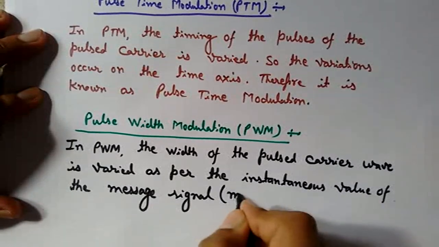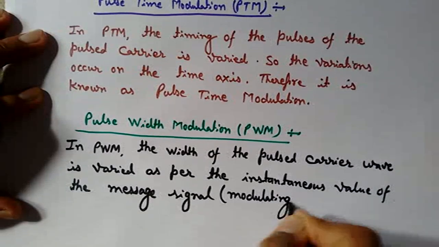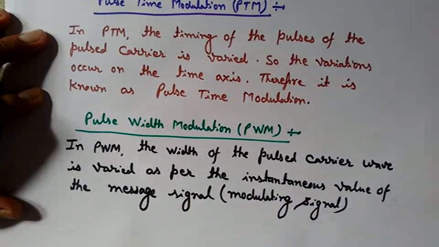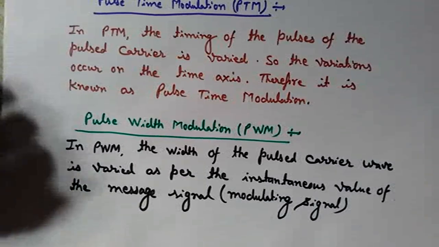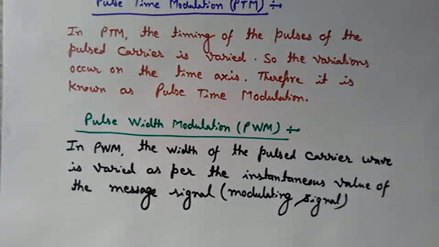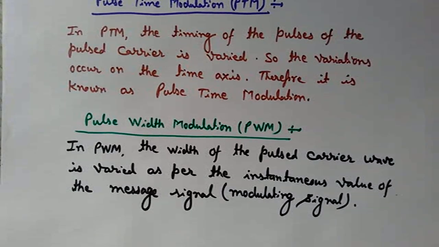This message signal is also known as modulating signal. So this modulating signal and message signal are the same thing. So it is known as pulse duration modulation, PDM.